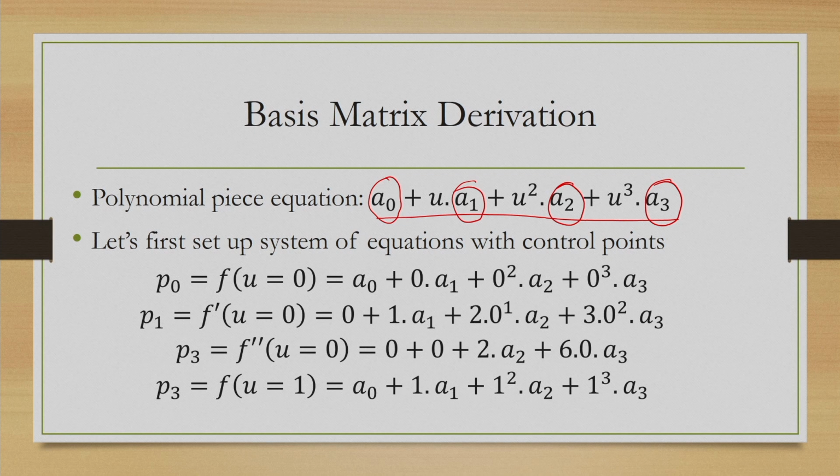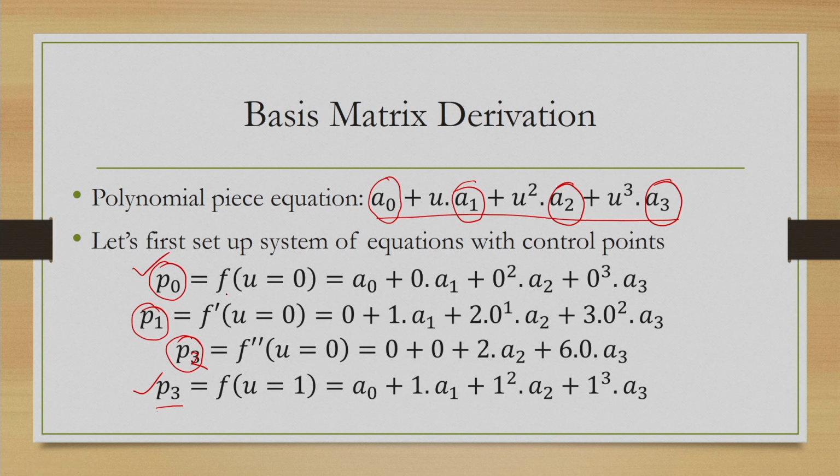Now, we already know that the control point P0, the control point P1, control point P2, and the control point P3 have specific meaning. So, P0 and P3 represent the points at the boundaries. So, then we can set up the equations something like this.